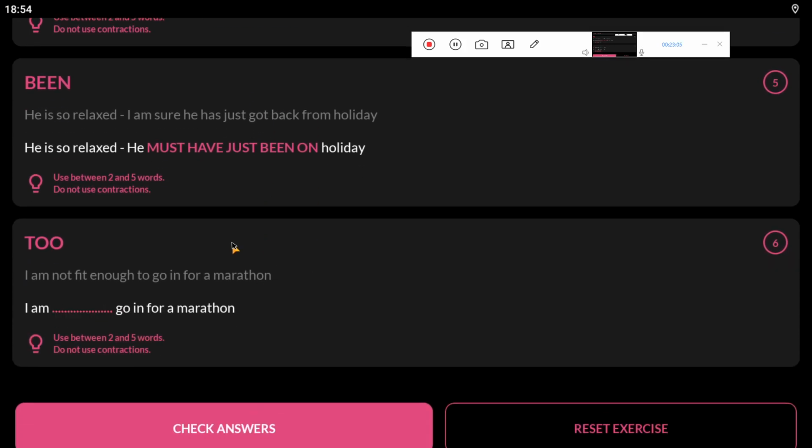And the next one, with the intensifier too: I am not fit enough to go in for a marathon. So it means that you are not in shape enough in order to go in for a marathon. So I am what? To go in for a marathon.